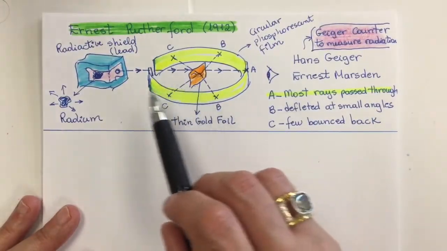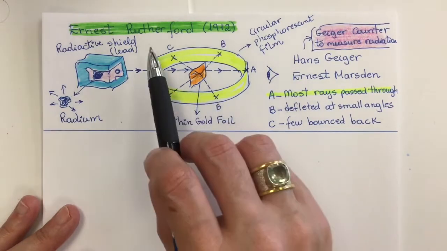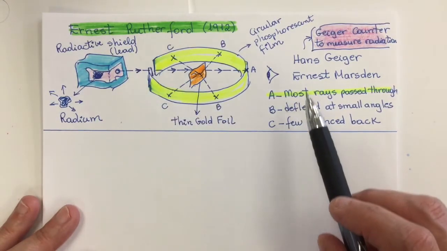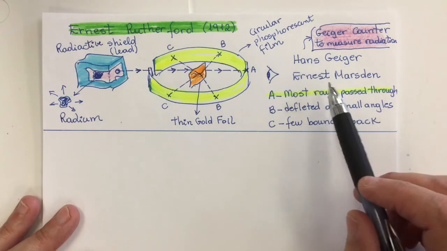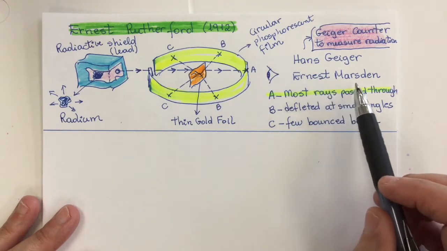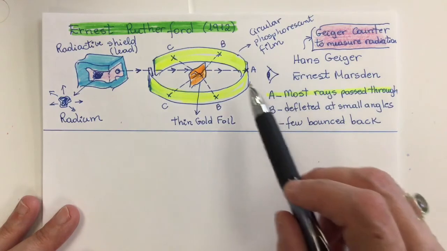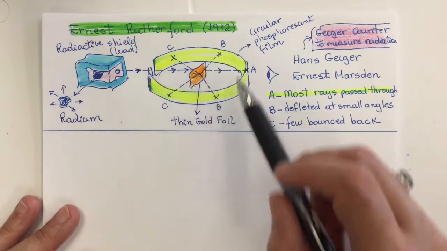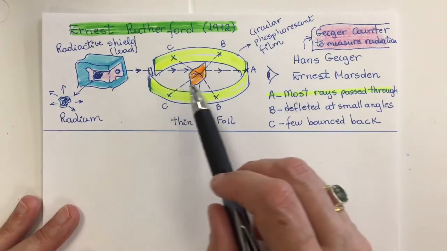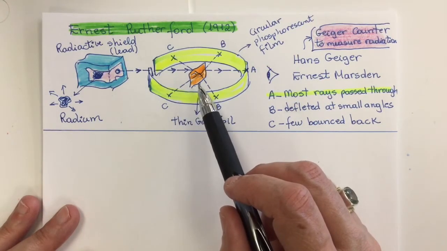After constructing his experiment, Rutherford assigned two of his students, Hans Geiger and Ernest Marsden, to observe the location where the radiation ray hit the screen after passing through the gold foil.